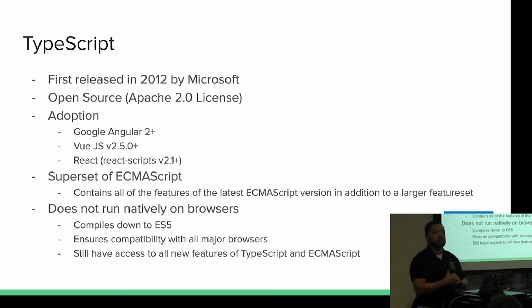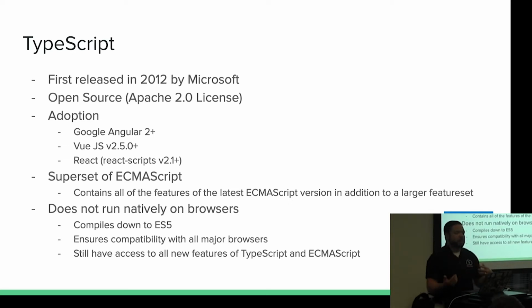So what does TypeScript do? It comes with the TSC, the TypeScript compiler, which will take your TypeScript code and compile it down into ES5 code or ES6, whatever target version that you feel would work best for your customers. This process ensures that there's compatibility with all major browsers, while still having access to all the latest and greatest features, plus anything new that TypeScript brings with it as well.